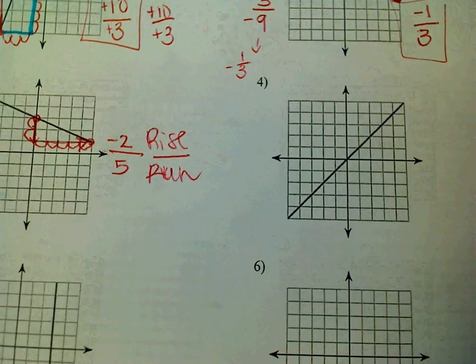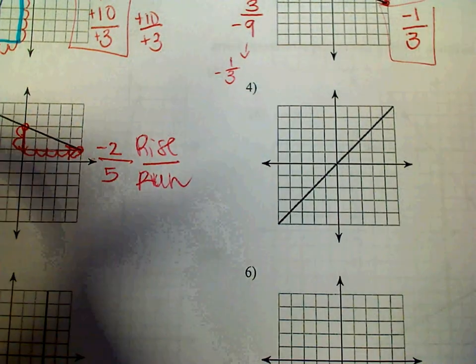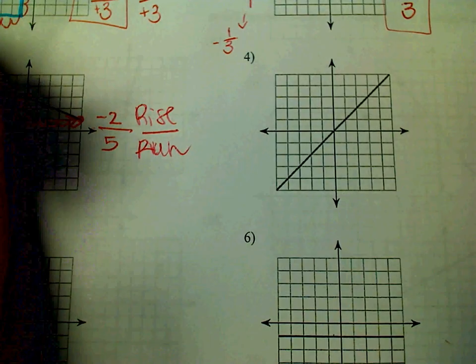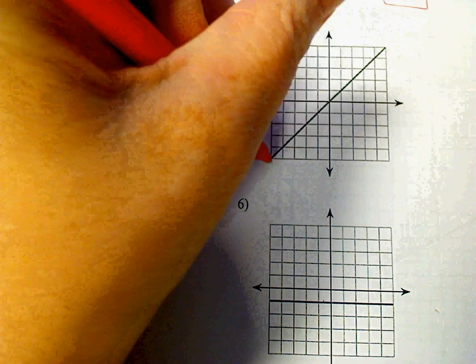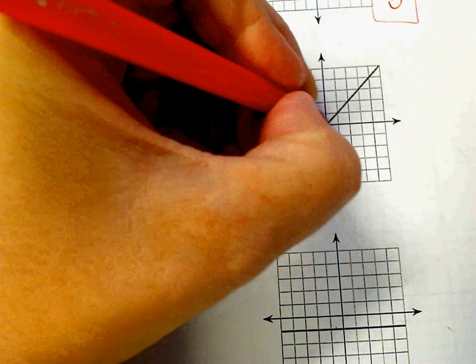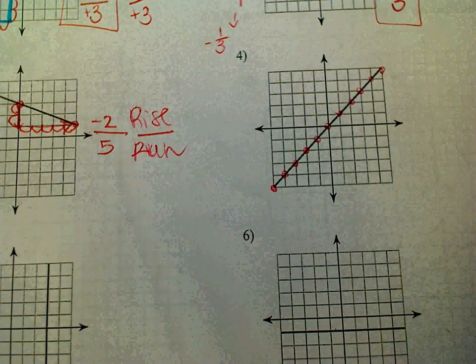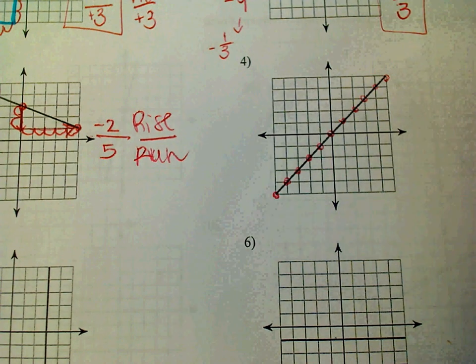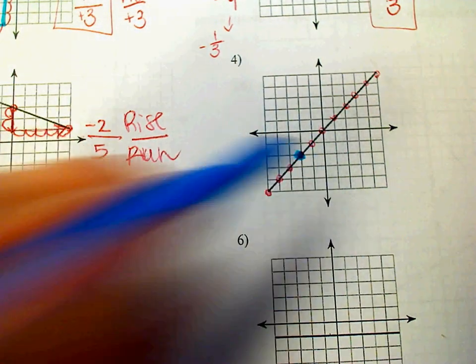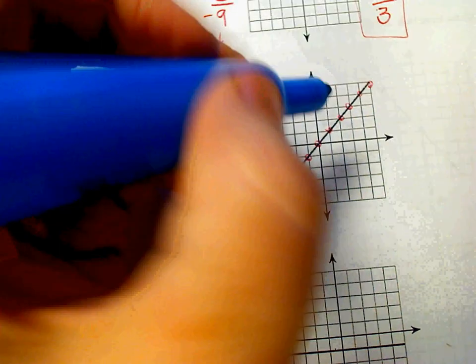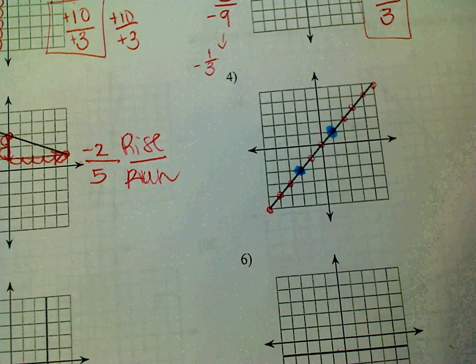Okay, number 4. Oh man, there's a lot of points you can use on this one. You can literally use any of these. Any 2 of these will work. I'm just going to pick this one and this one. Any 2 will give you the same ratio.